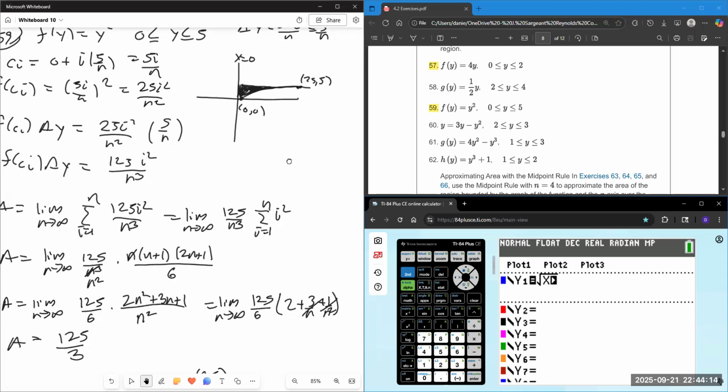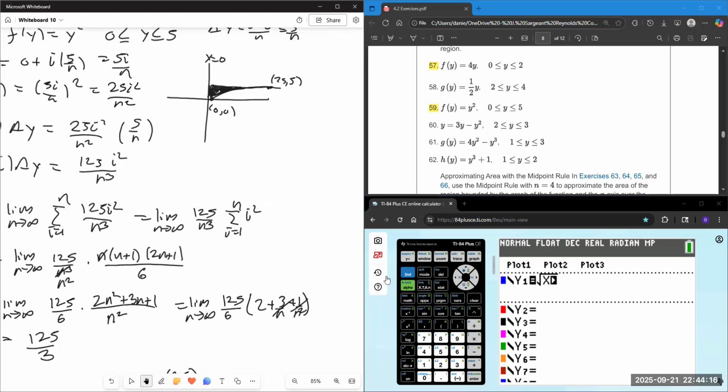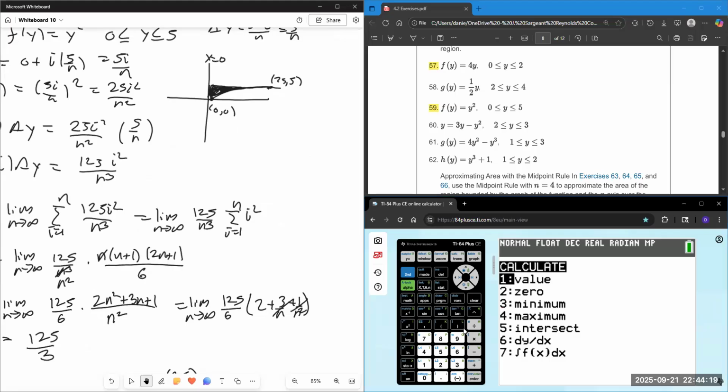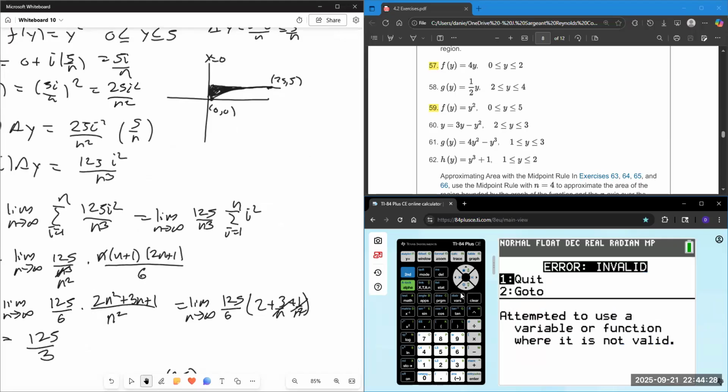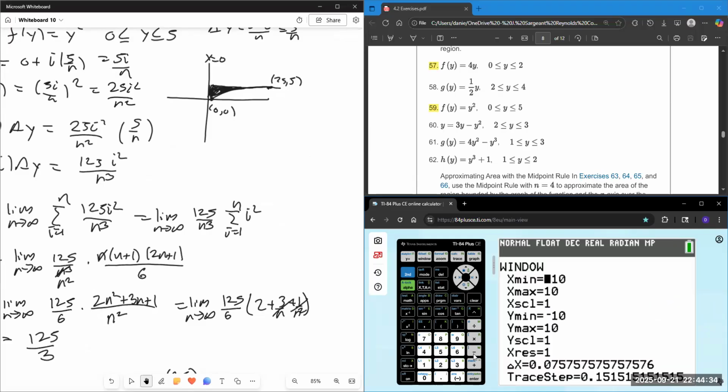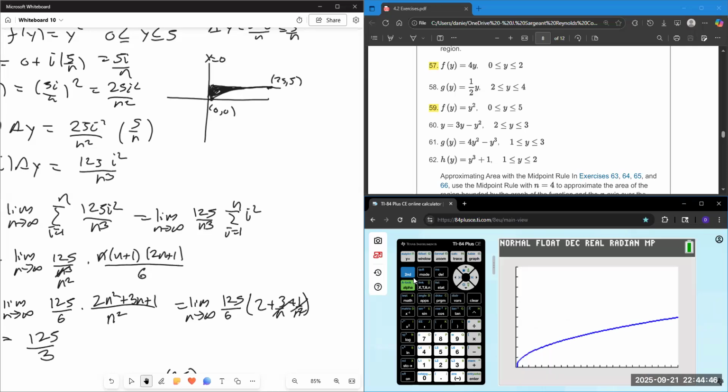And we want to get second calc 7 from 0 to 25. I need to make my window bigger. The window needs to go from 0 to 25, and from 0 to 10 is fine.